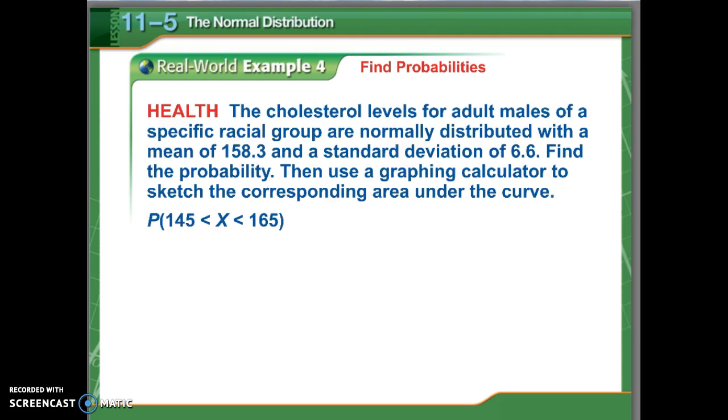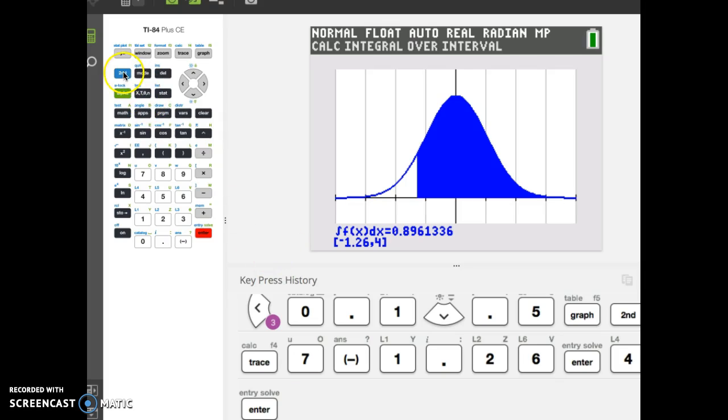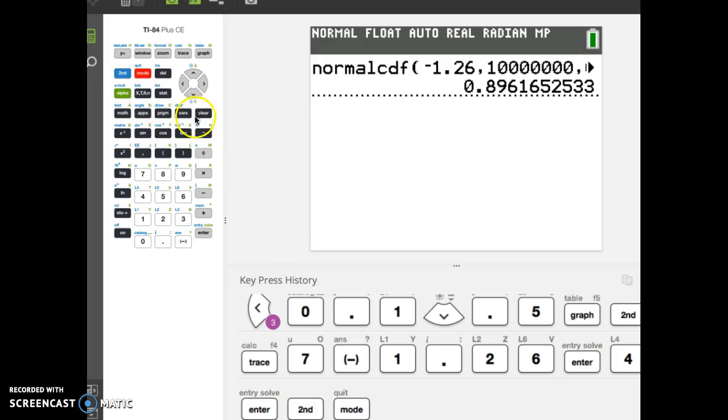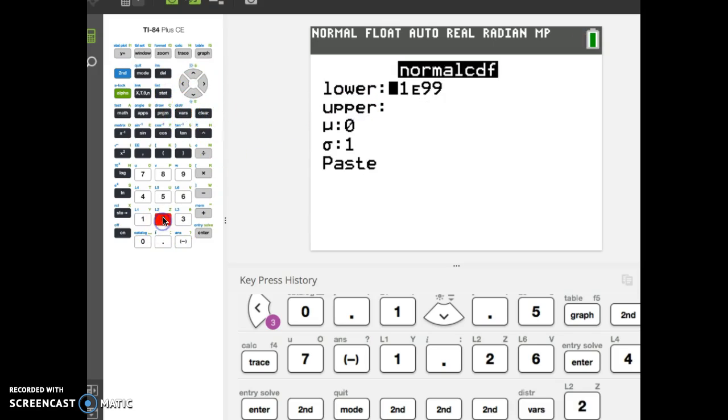I'm just going to go over to my calculator real quick and show you how this is done. From the main screen, what we're going to do is go to second, bars, normal CDF, number 2.